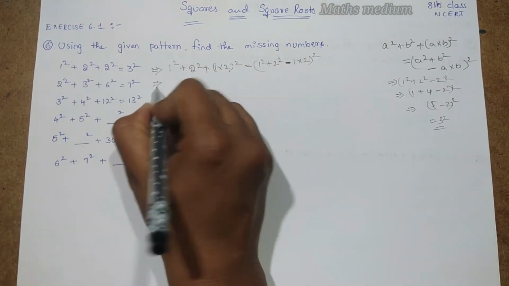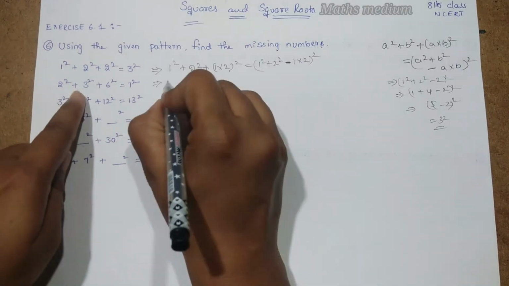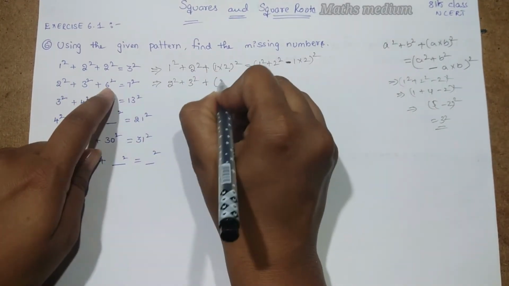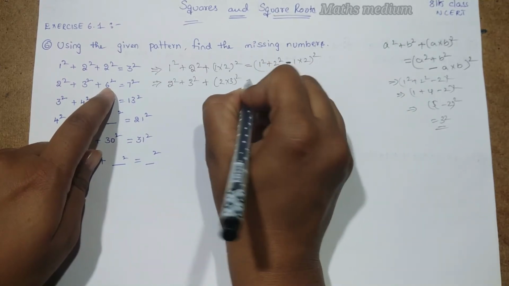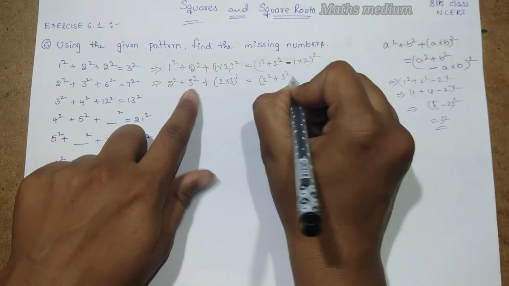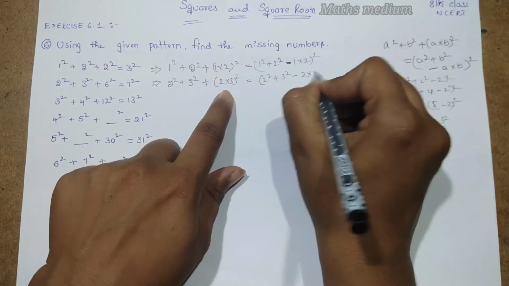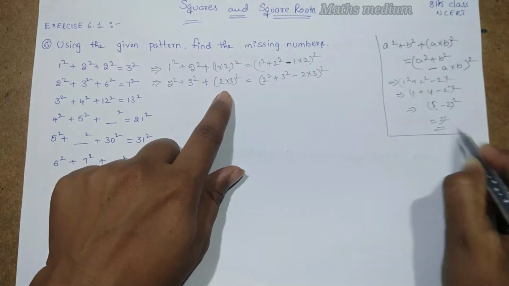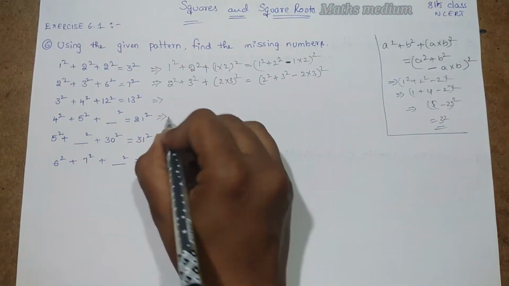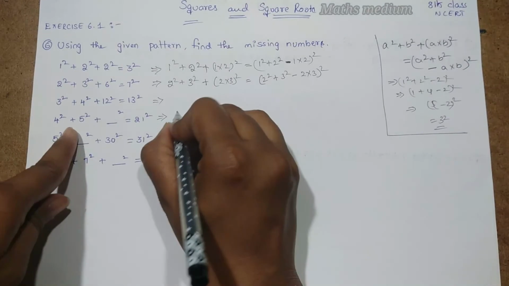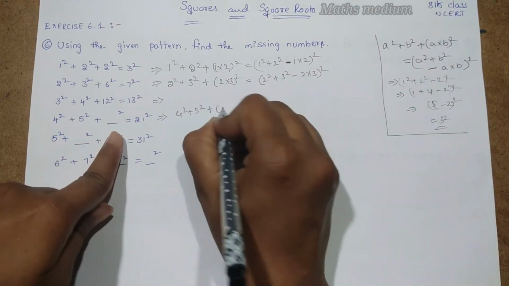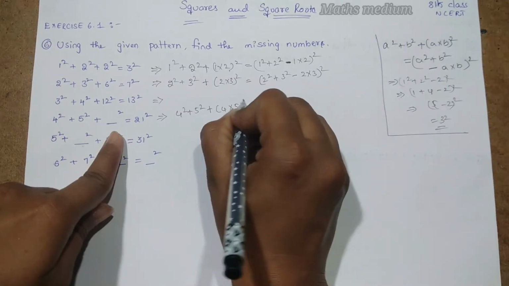Similarly, this pattern also, if you check here, this is 2 square plus 3 square plus 2 into 3 whole square. It gets as (2 square plus 3 square minus 2 into 3) as per this equation. Similarly, this also: 4 square plus 5 square plus 4 into 5 whole square.